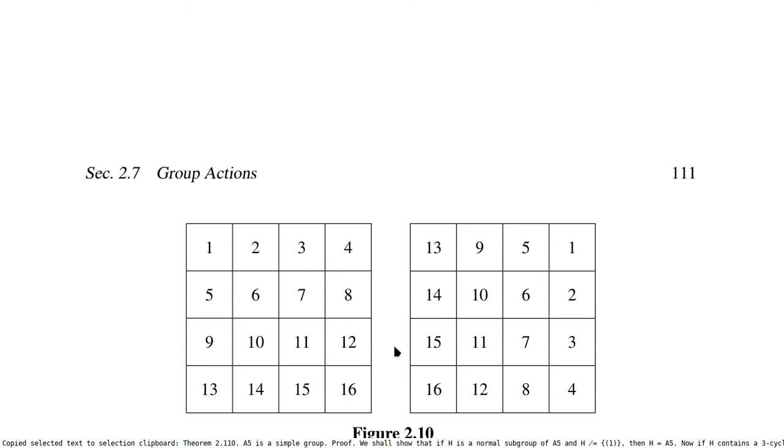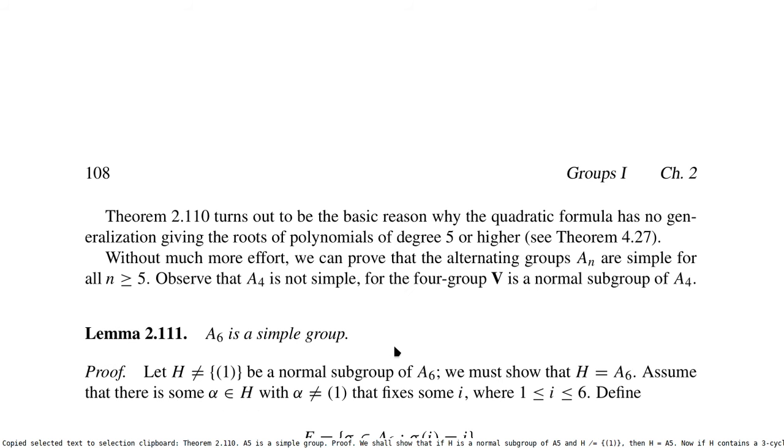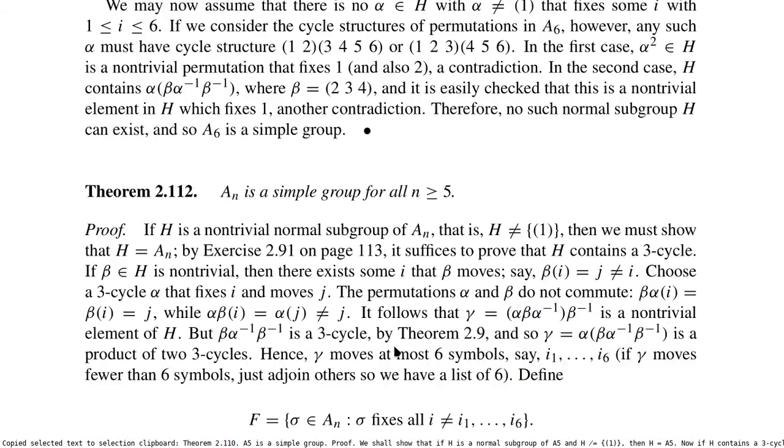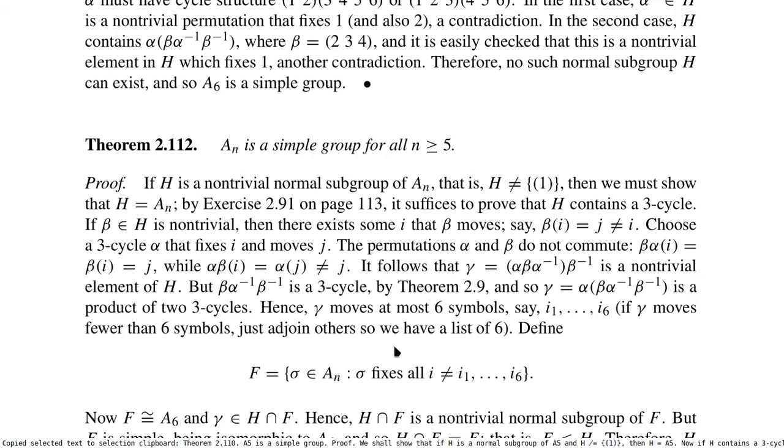I believe it will not be that hard to see. So if you can just show that H contains a three cycle, then by the fact that we proved, for n greater than or equal to 3, it must always be a three cycle or a product of three cycles. So if you prove that it contains a three cycle, then it has to be the entire alternating group itself.